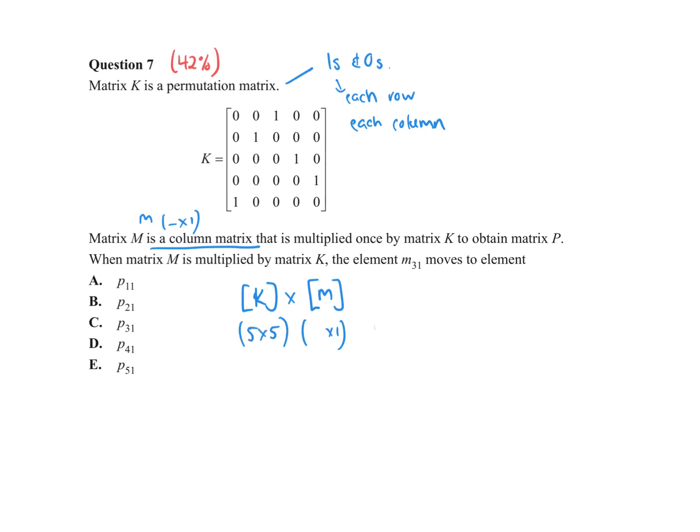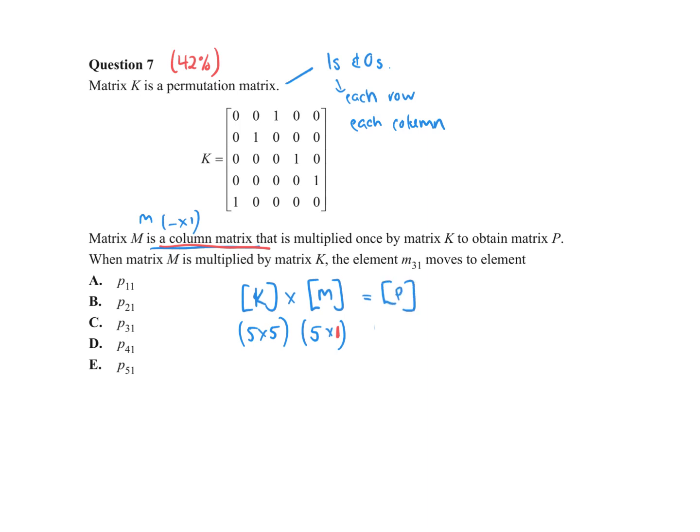If I know that this has to be a 1 here because it's a column, I'll have to put the K in front. And then this is a 5 by 1.